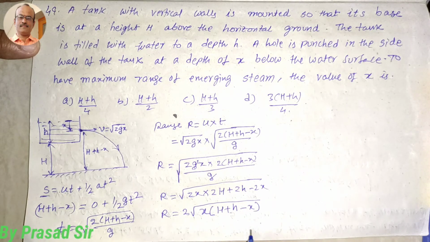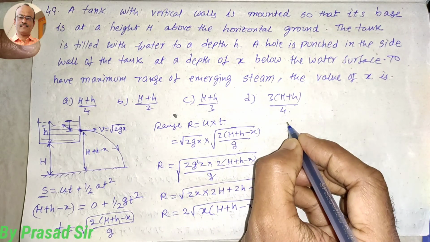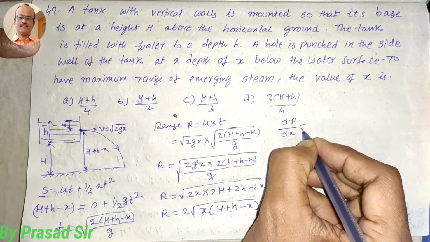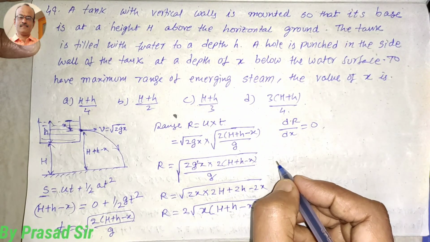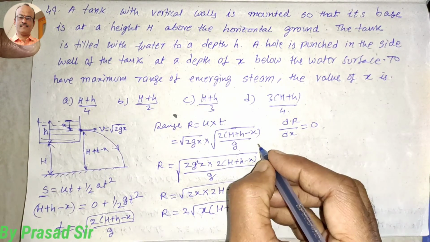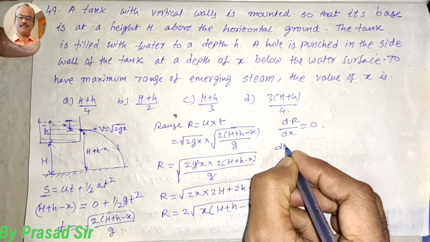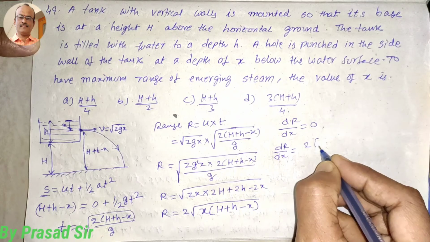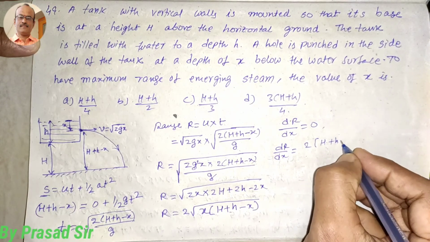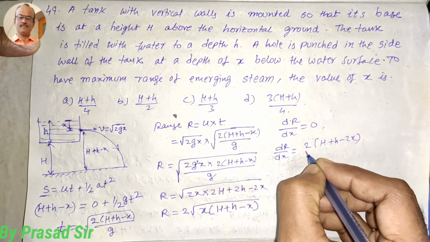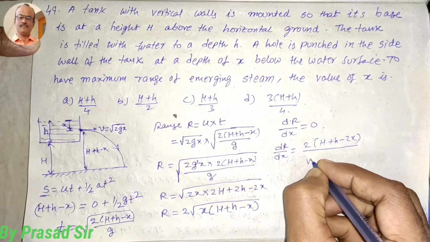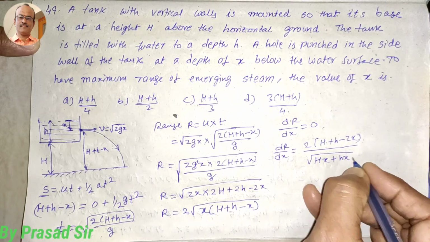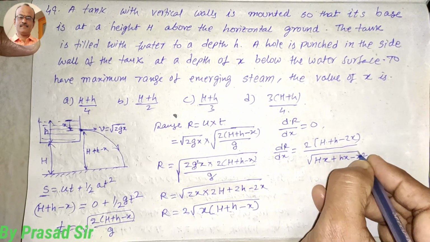Now to calculate the x value we have to differentiate, so dR by dx is equal to 0. On differentiating this value we will get dR by dx is equal to 2 times (capital H plus small h minus 2x) divided by square root of (capital Hx plus small hx minus x square).